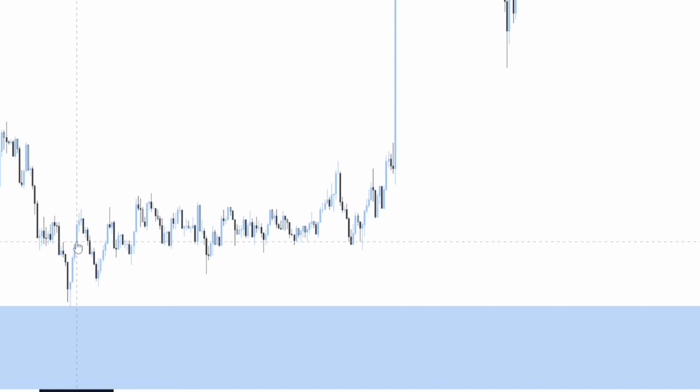Now, instead of entering on the 15-minute, this would be what I would call enter as a scalper, hold as a swing trader. So right here, for example, we got a supply, right? We have beautiful reactions. Just sweeps it.